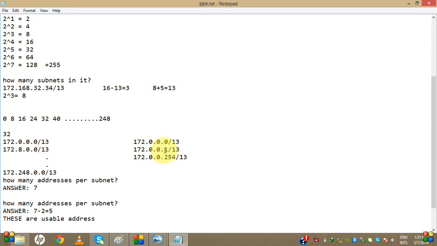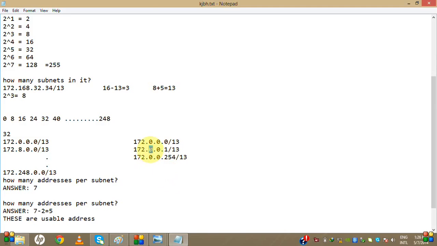Similarly, in the next address I will put 1 there, and here 0, and here 1 to 254. Then I will write 2 there, here 0 to 255, then I will write 1 2 3 4 5 6, and it goes on, and here 0 and 1 to 255.